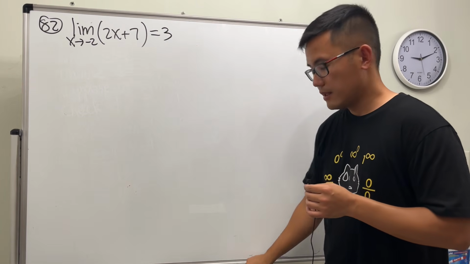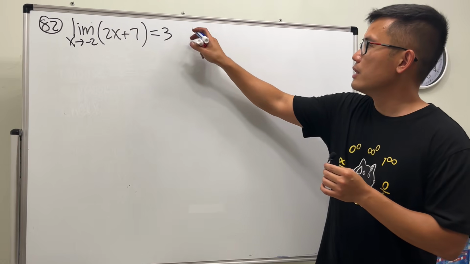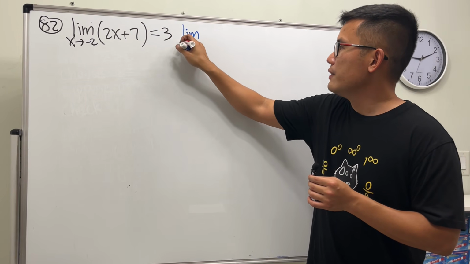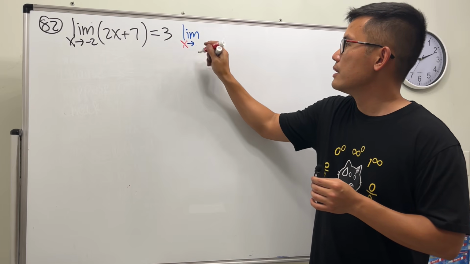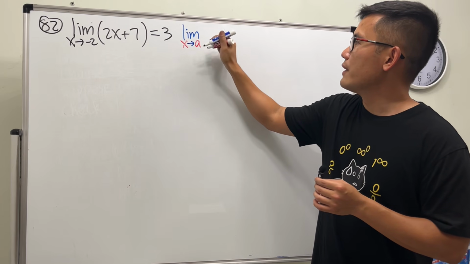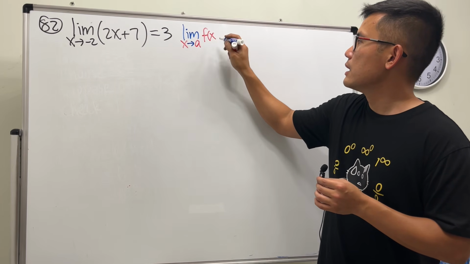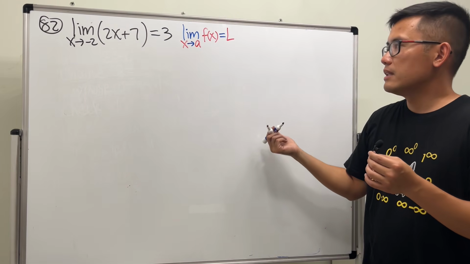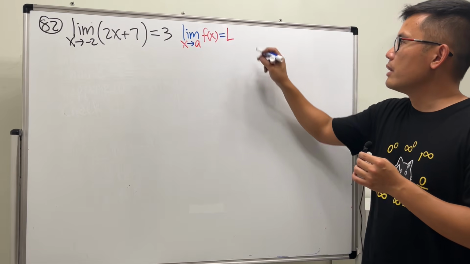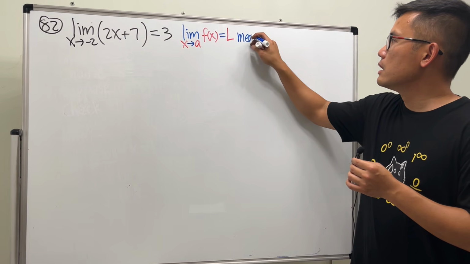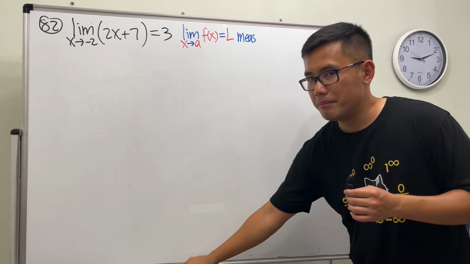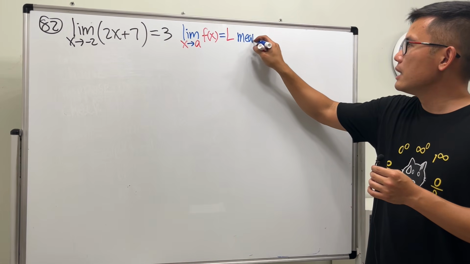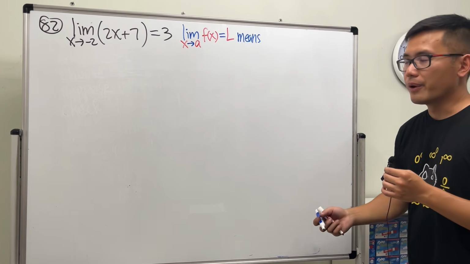Done. Now, epsilon delta definition means if we have the limit and if x is approaching a, if we have a function f of x, if this right here gives us a limit, let's call it L. This right here means, here we go.